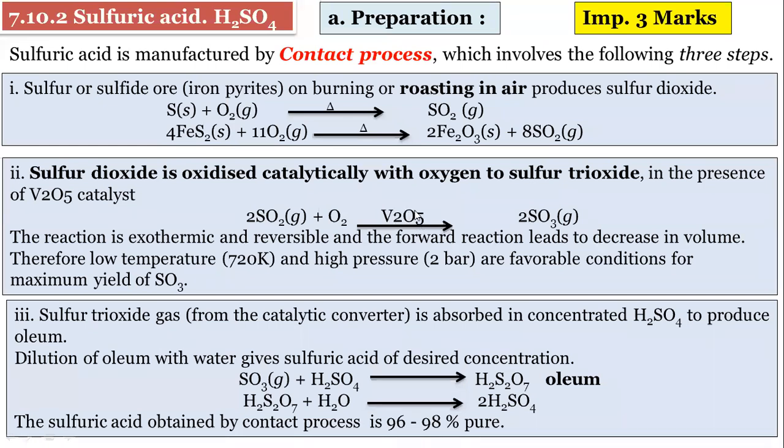This was asked in JEE CET. Which catalyst is used for the conversion of sulfur dioxide to sulfur trioxide in the contact process? Remember, this question is asked many times in competitive exams. So remember the catalyst V2O5, vanadium pentoxide.